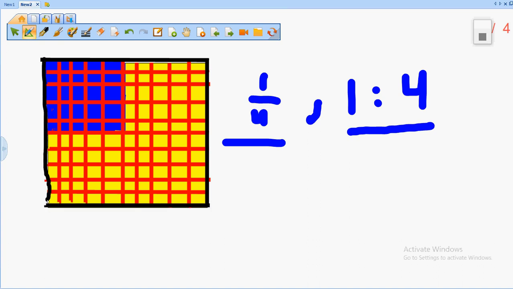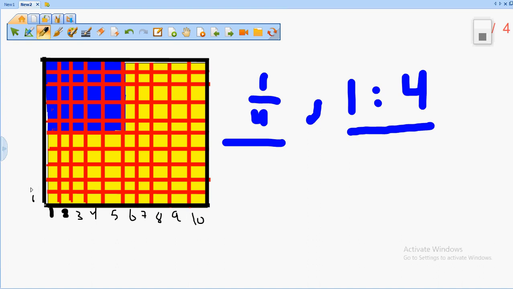So here I have now 10 by 10. I will count with you. We have 1, 2, 3, 4, 5, 6, 7, 8, 9, and 10. That means here we have 10 columns.